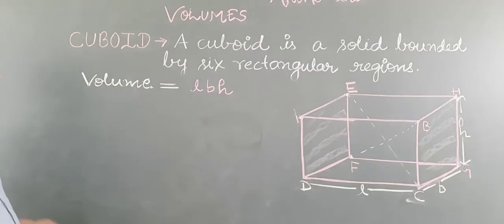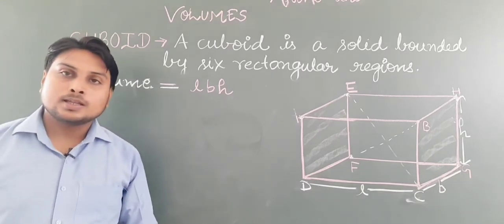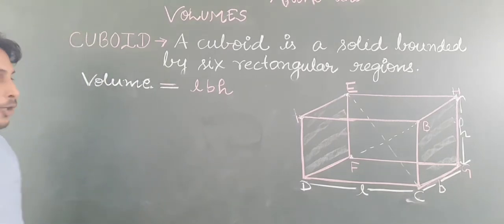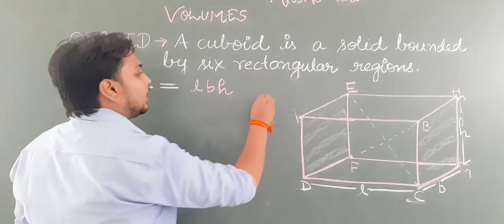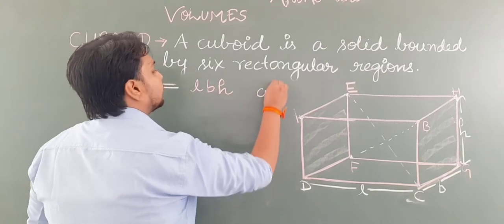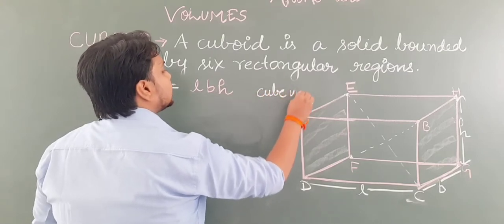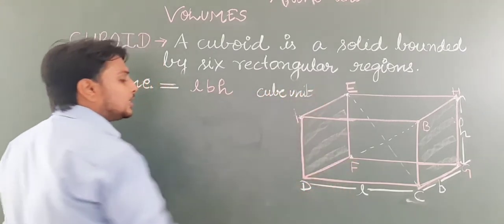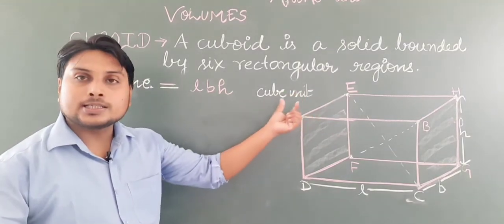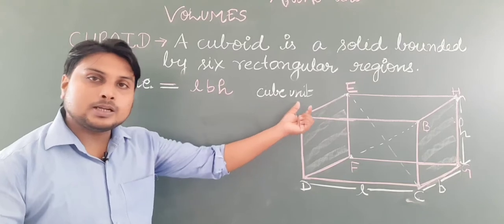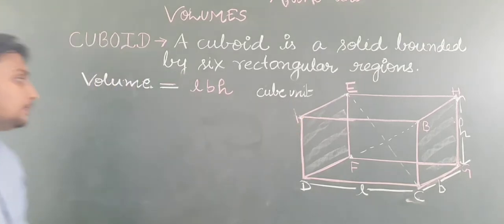So to know the space occupied by the cuboid, we apply this formula. And volume always comes in cube units. If it is given in centimeter, then it will be centimeter cube; if in meter, then meter cube.